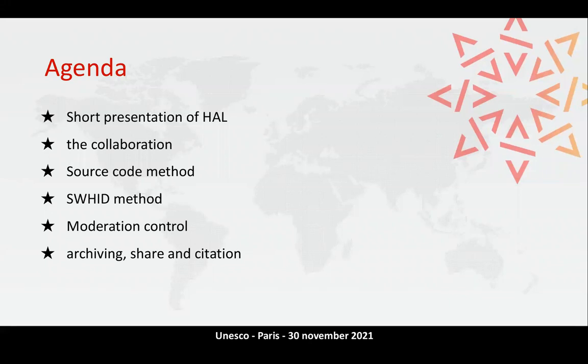Then we have two methods to promote source code in HAL. We describe the first method, the source code method, and the second, which we hope will be operational soon, the suite method, and then the specific way to archive source code with HAL and Software Heritage. We have a moderation control by librarians, and then the archiving, sharing, and citation.